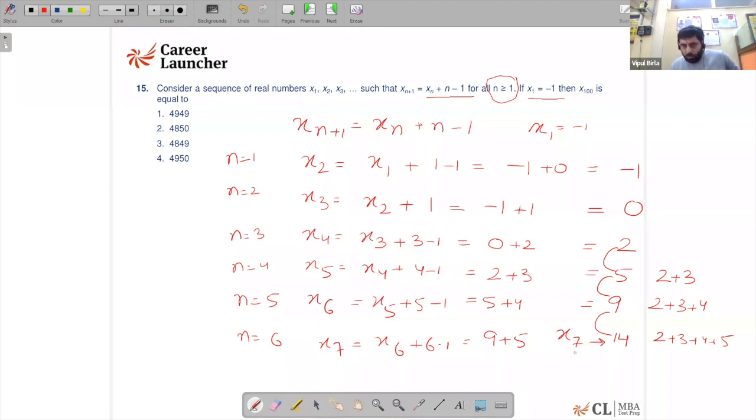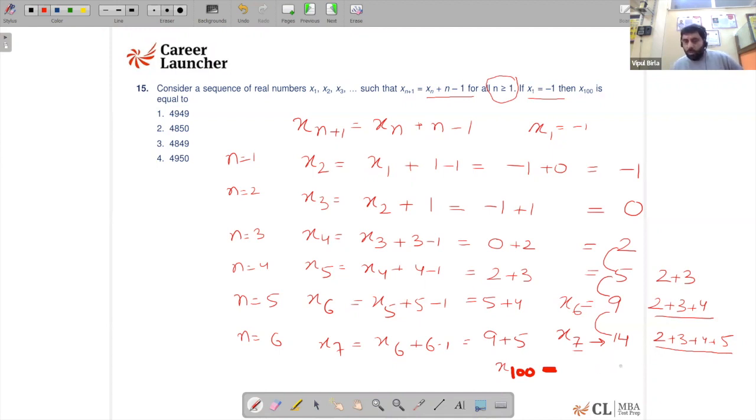Now one thing I got to know, for x of 7 the number of terms is 4. For x of 6 the number of terms is 3. Therefore I can say for x of 100, the number of terms is going to be 3 less.